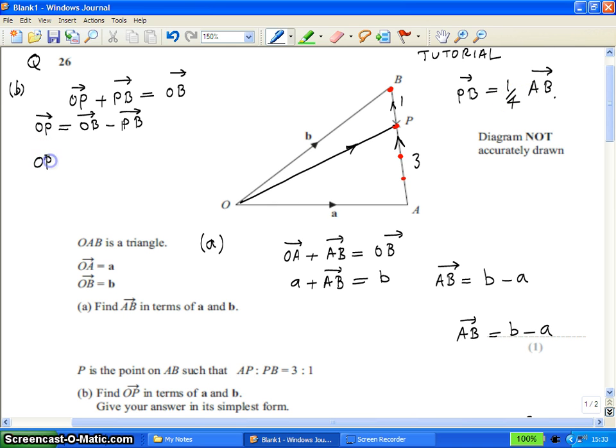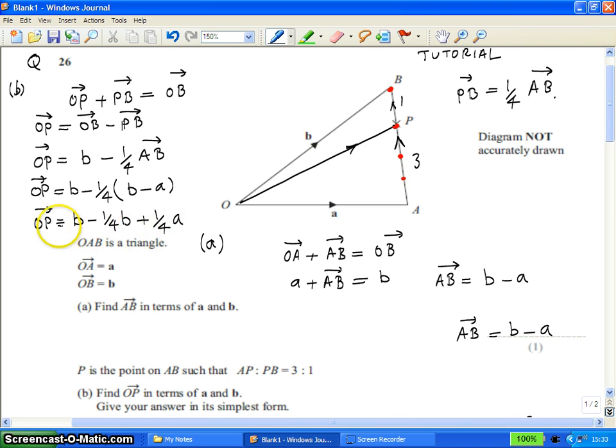So let's put that in here, so we can say OB, which is just b as before, minus PB, I can replace it by 1/4 of AB, its equivalent, and then I'm just going to do substitution. 1/4 of AB was already worked out, it was b minus a, so multiplying through I get OP is equal to b minus 1/4 of b plus 1/4 of a, just expanding.